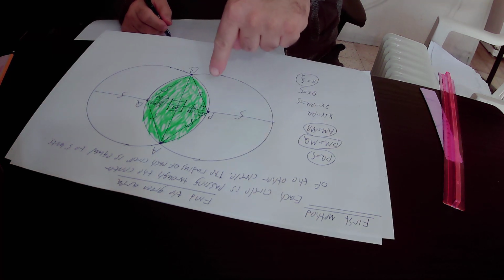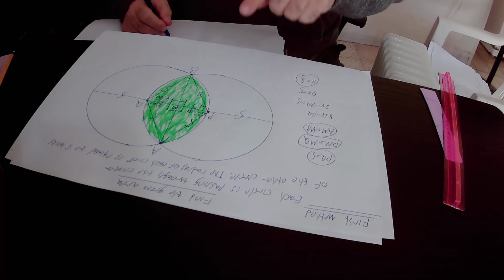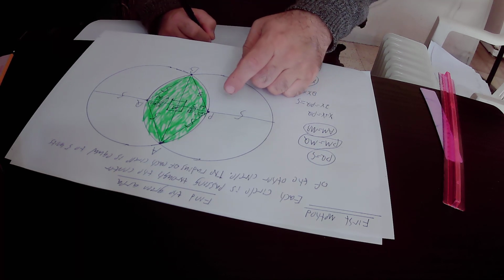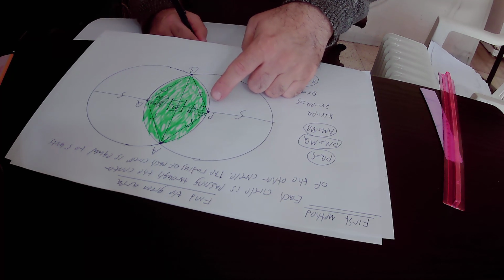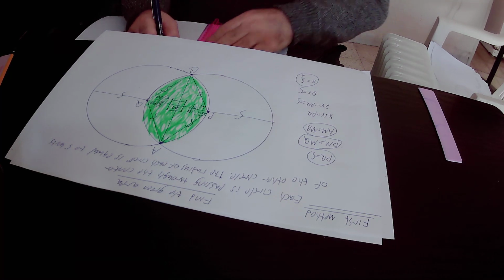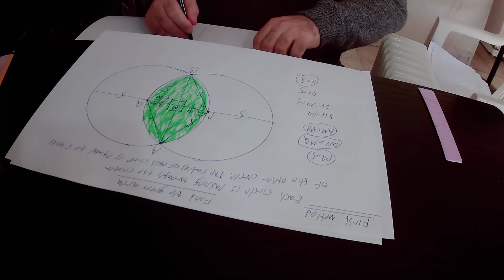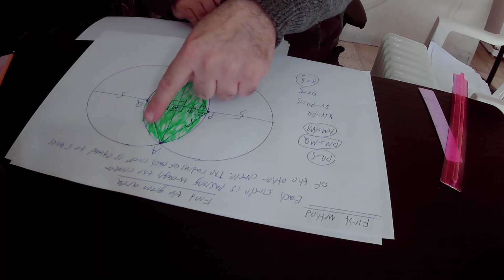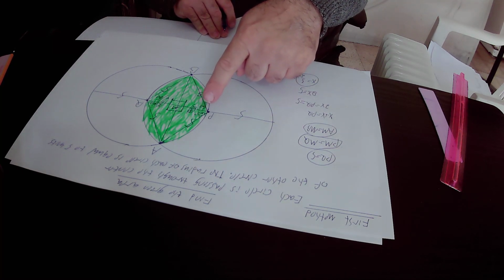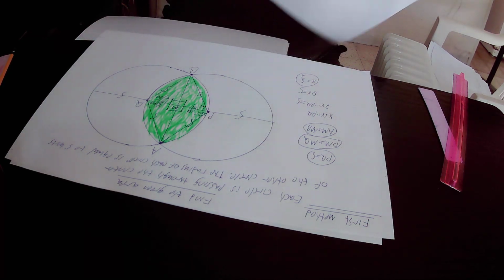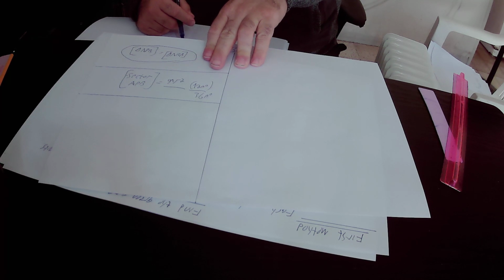The area of sector APB will be equal to pi r squared times 120 degrees, that is 60 plus 60, 120 degrees over 360 degrees.